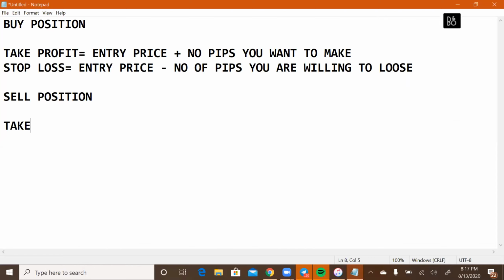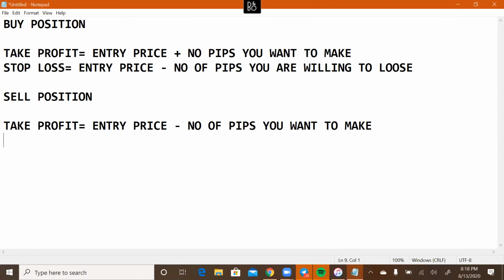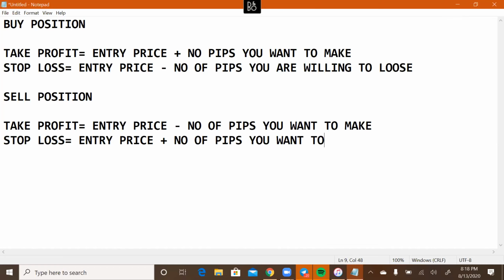Take profit is equal to entry price minus the number of pips you want to make. And stop loss is equal to entry price plus the number of pips you want to lose.